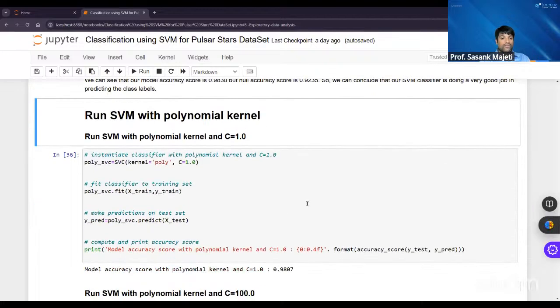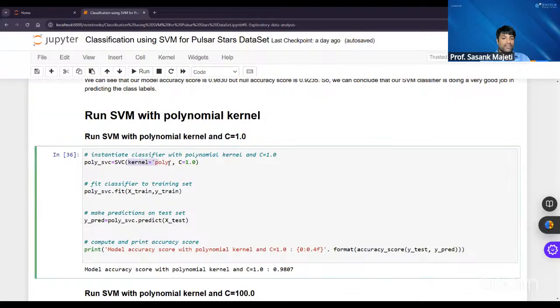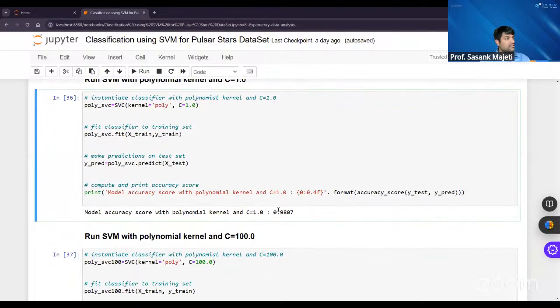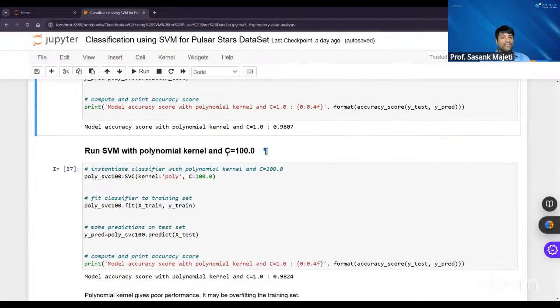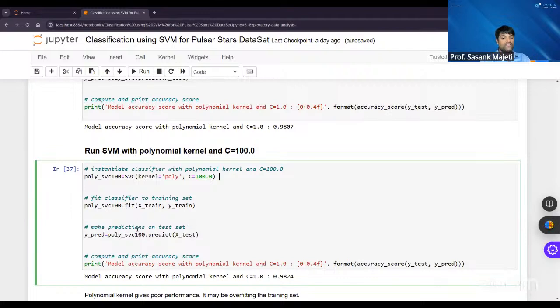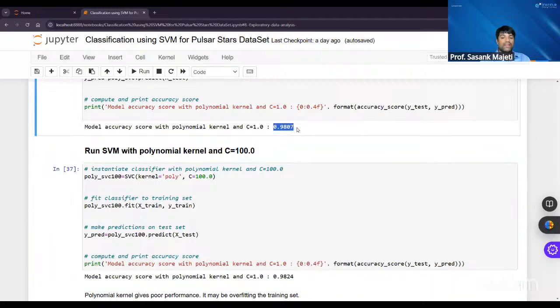Here we give the kernel value as polynomial and the C value as 1, and we train and see the value is around 98%. For polynomial kernel with C equal to 100, the accuracy is around 98% again.